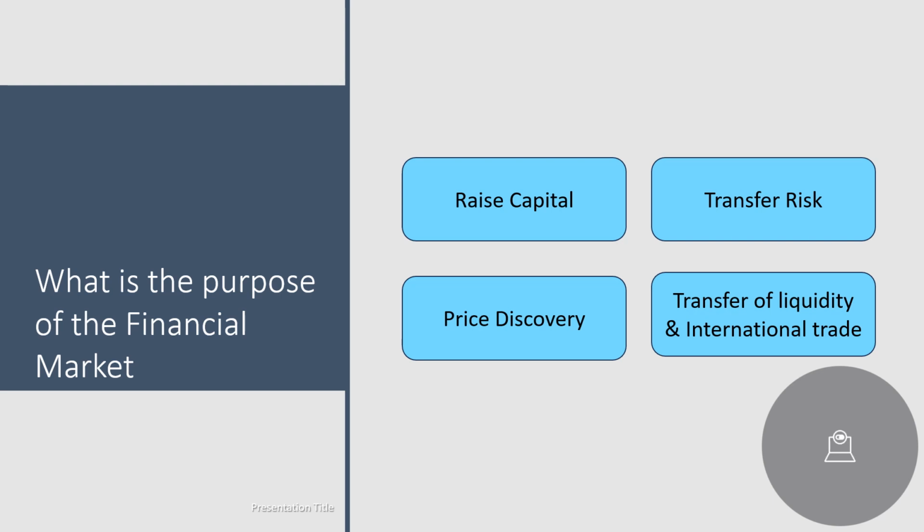Another big reason that a company will list their shares on the stock market is so that they can transfer risk. They list their shares on a stock exchange in order to get investors interested and raise capital to broaden into different opportunities and expand their business as well.